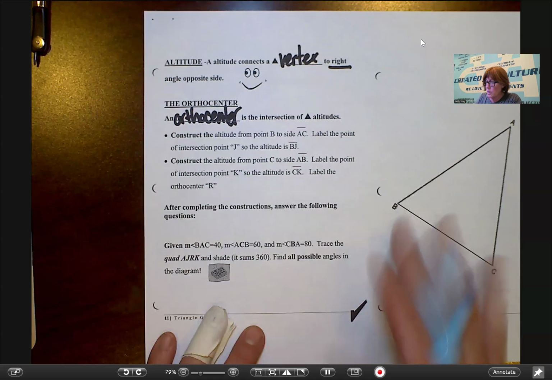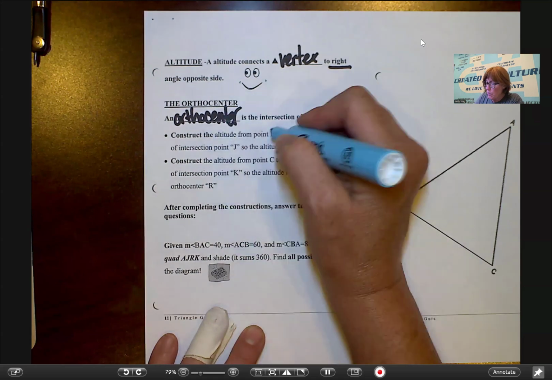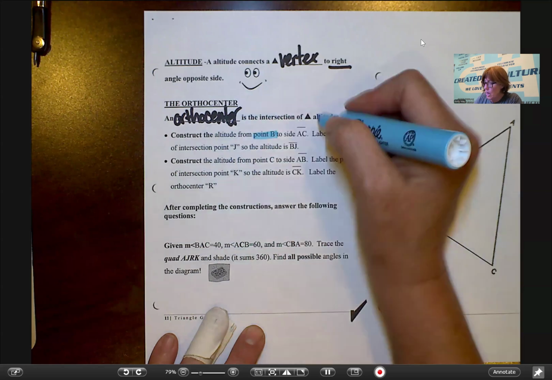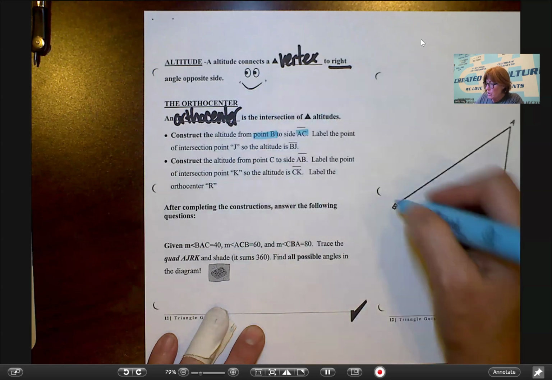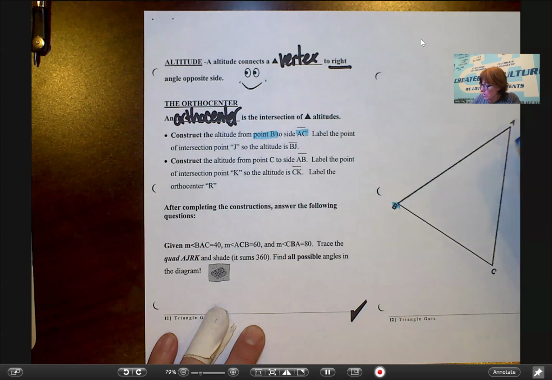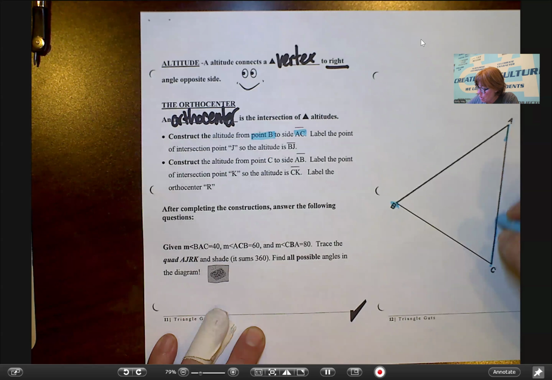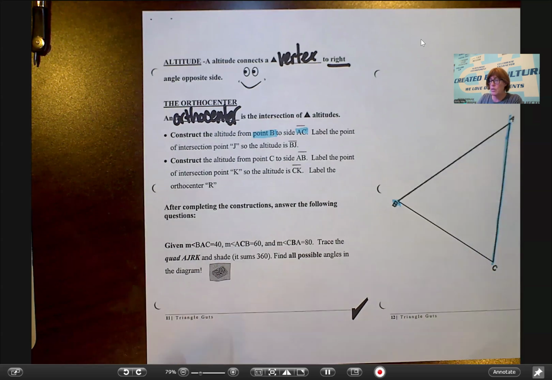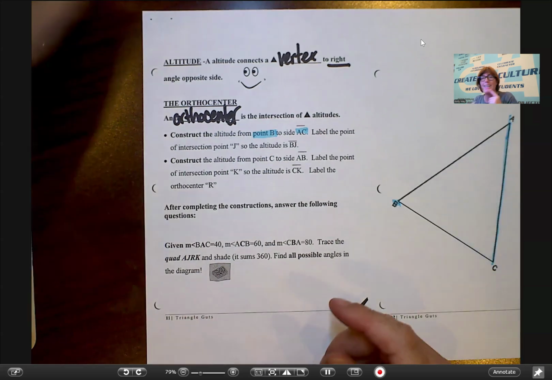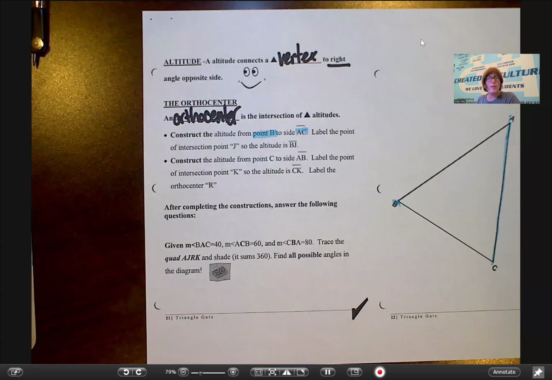First, we're going to construct an altitude from point B to side AC. So from this point, going to this side, we're going to create a perpendicular segment. This is a smiley, dimple, dimple.